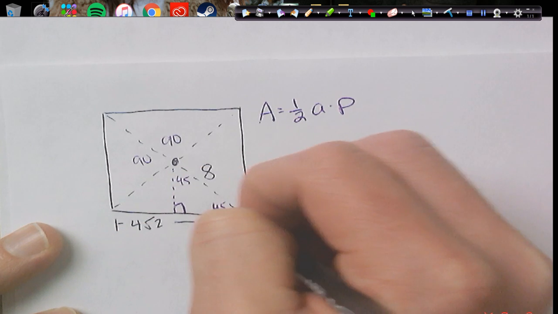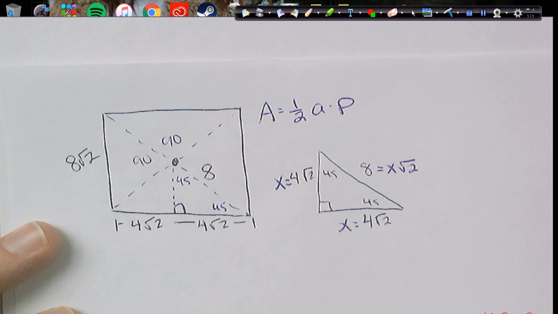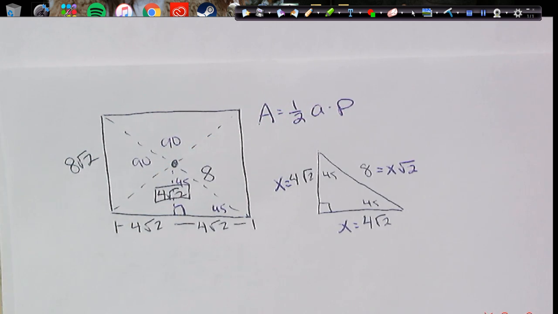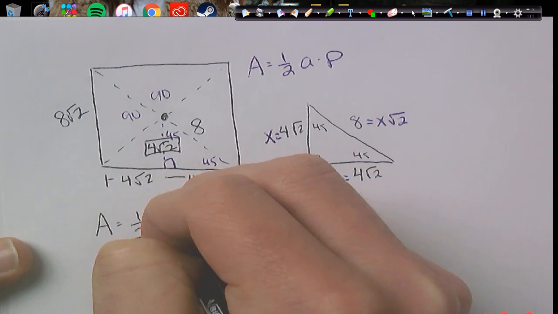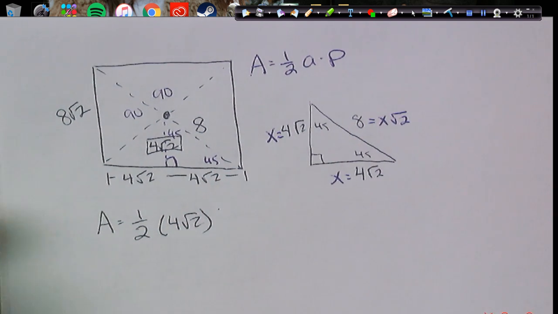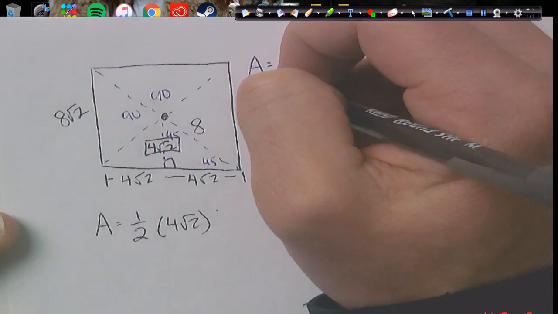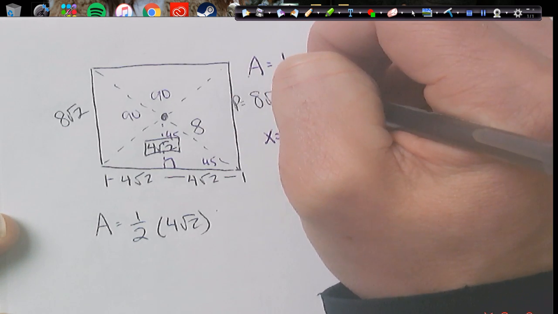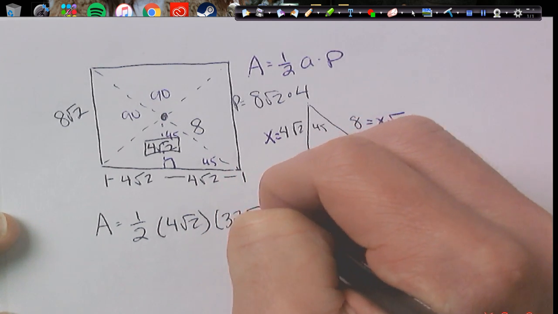Adding them together, we're going to get a side of 8 rad 2. And then the apothem is going to be 4 rad 2. And we can plug this into our formula. Area equals 1/2 times 4 rad 2 for our apothem. Now 8 rad 2, we want to find the perimeter. 8 rad 2 times 4 sides, that's 8 times 4, which gives us 32 rad 2.